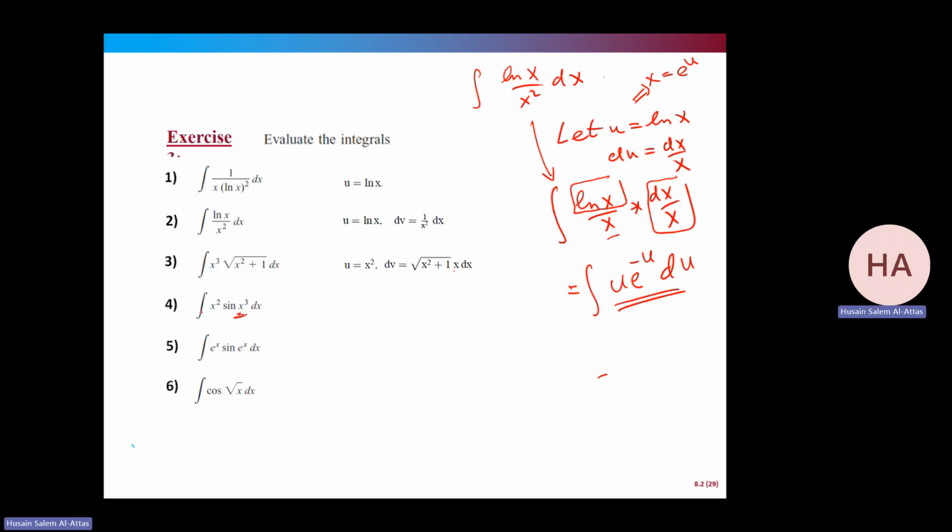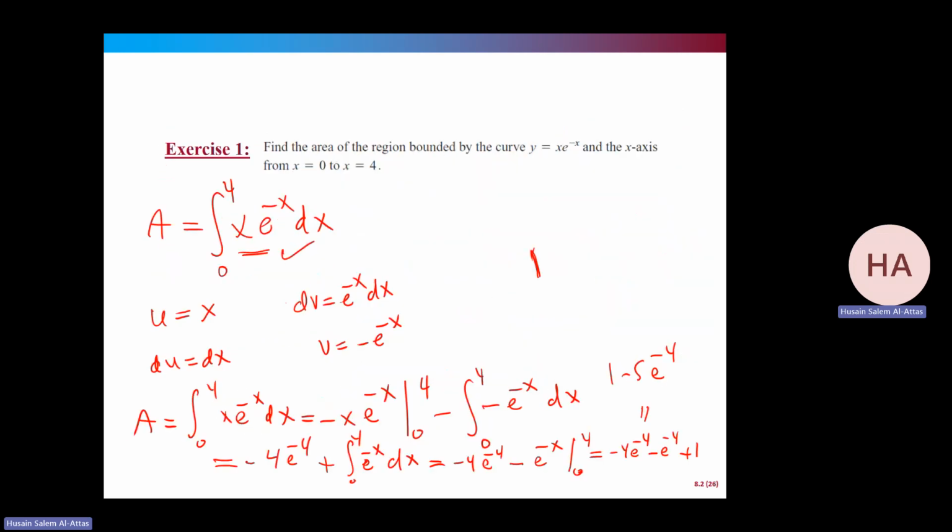I think this is u, this will be du times 3 times something. So that's substitution. This one is also substitution. Yeah, u equal e to the power x will kill everything. This one, I need both. You need to do substitution first for this one, and then you will get something like, yeah, this one you need by parts, like what we did with the sine of square root of x somewhere.